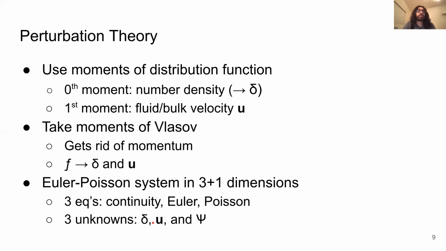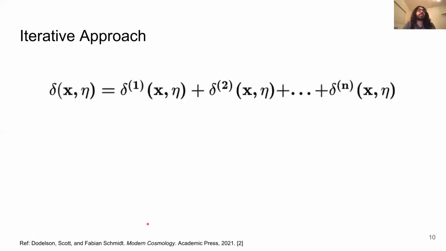It's the delta one that we're interested in. And so we'll assume a solution for delta, and that is that it has this form here. And when we look at the equations, we start to see that this actually makes a bit of sense.